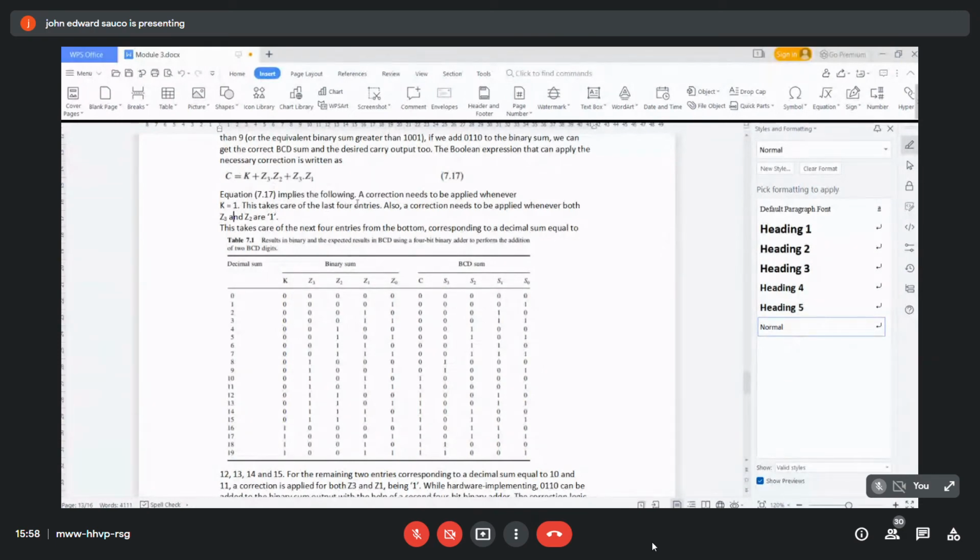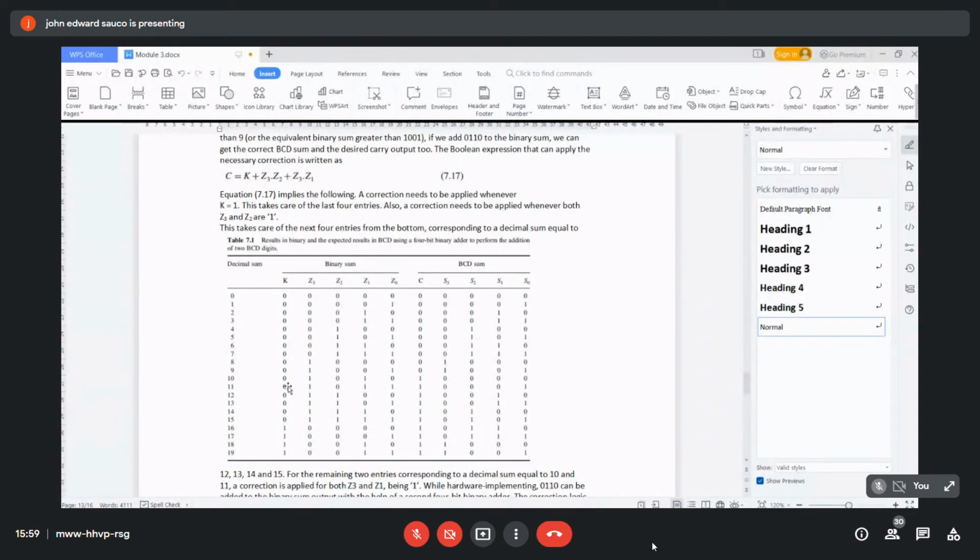It takes the last 4 entries. Also, the correction needs to apply whenever both Z3 and Z2 are 1. So, dito, kung makikita nyo, sa 1 to 9 is same sila. Ang BCD sum saka binary sum. Okay? Same.